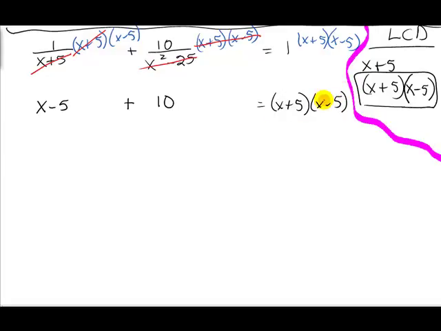So on the left, I'm going to combine the negative 5 and the 10. So I'll have x plus 5. When I multiply these two, I end up with x squared minus 25. Whenever we have an x squared in an equation, everything needs to come to the same side.